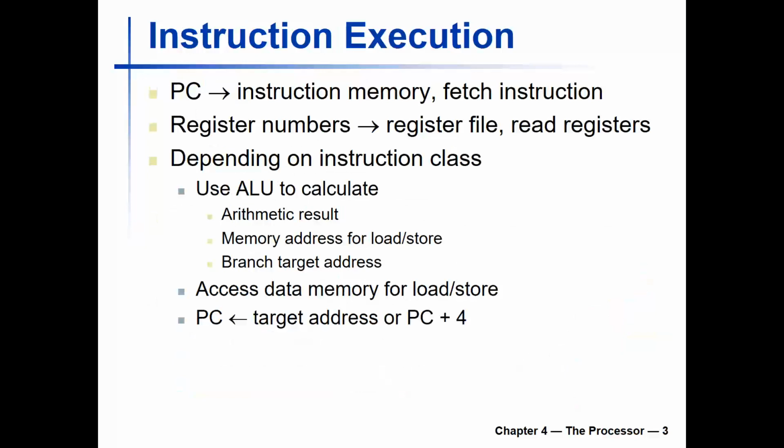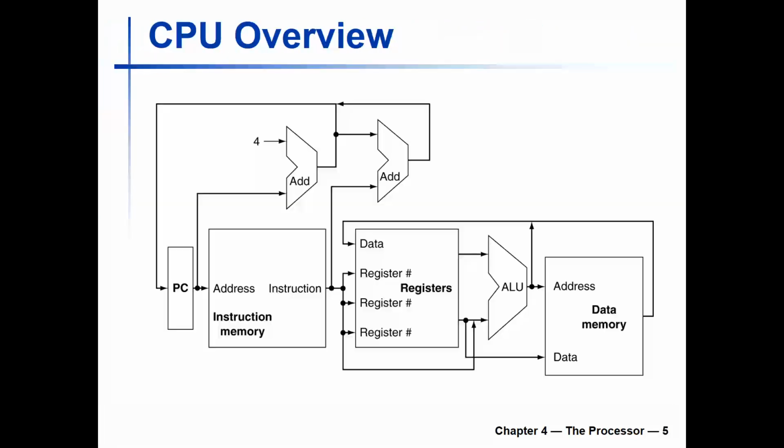Now, if we look at the instruction execution, you will see that the instruction first is fetched from instruction memory. In our system, we assume that we have two memories, instruction memory and data memory.